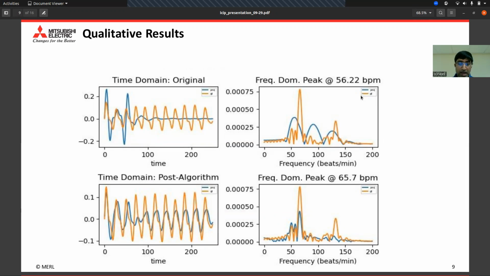However, after our algorithm, we not only capture the true pulse rate as shown in the frequency plot, but we also attenuate the spurious peaks. In the time domain, we see that we eliminate much of the noise and generate a periodic signal. This shows that our algorithm can take a noisy pulse signal and denoise it to the correct statistics of the underlying pulse signal.